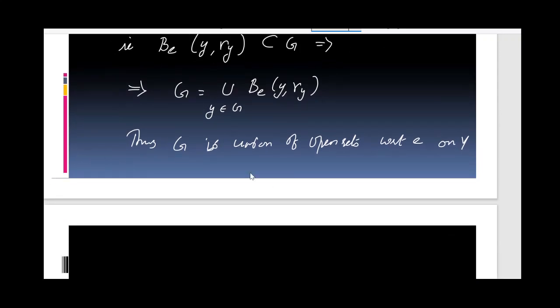Hence G belongs to U. We started with G an open set in T restricted to Y, and now we have G belonging to the topology U. Thus T restricted to Y is contained in U. Equation 2. We have already seen the reverse one.